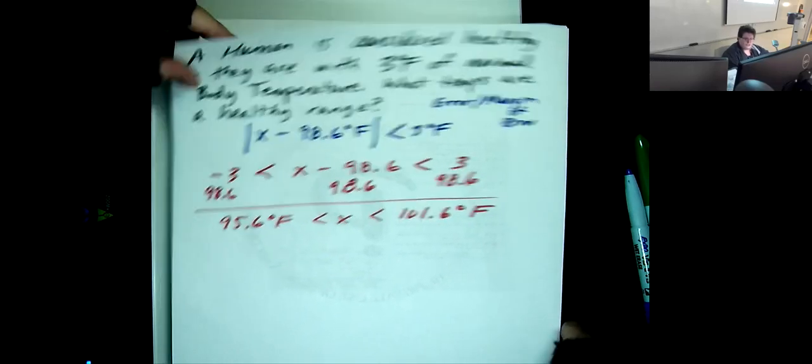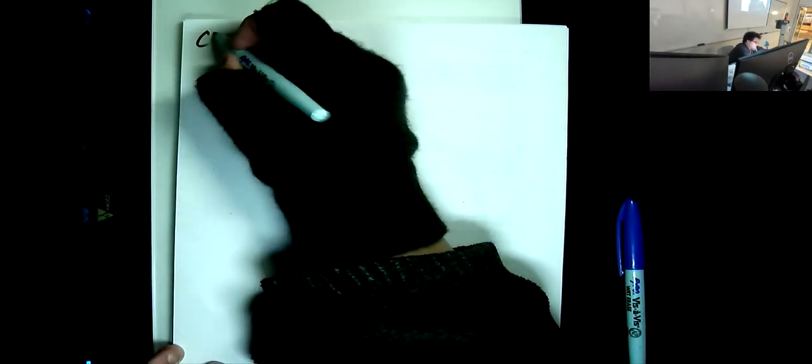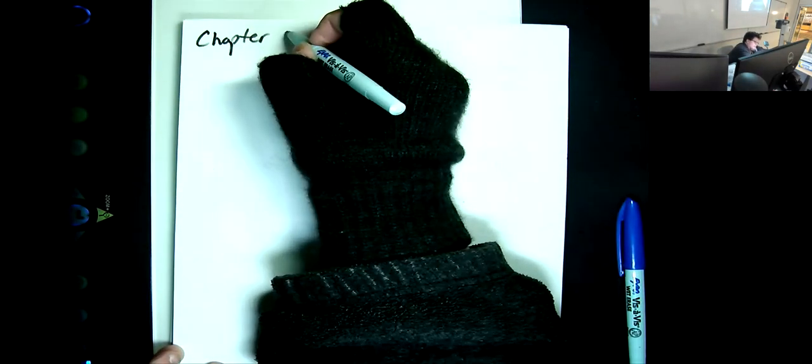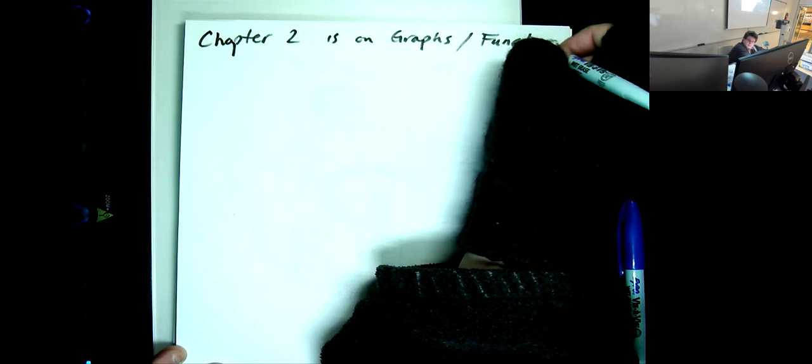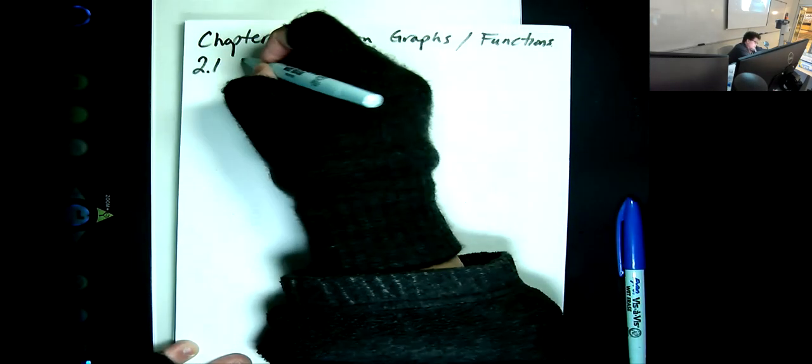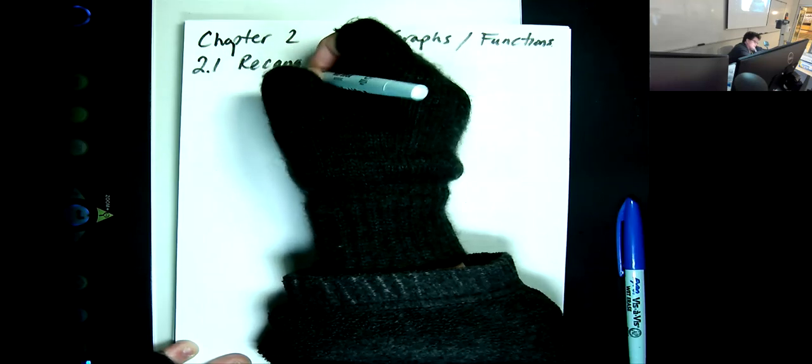All right, let's start chapter 2. Chapter 2 is on graphs and functions. So 2.1 is on the rectangular coordinate system and graphs.